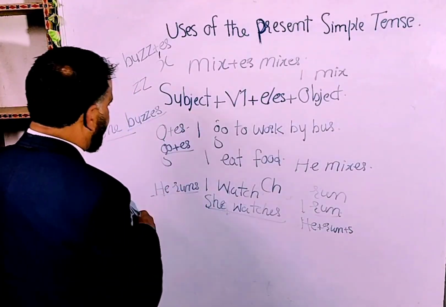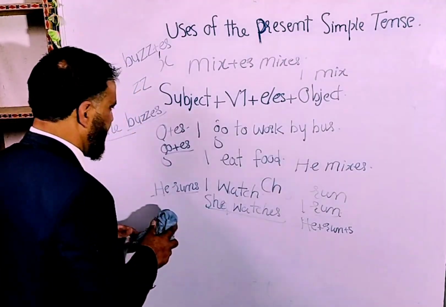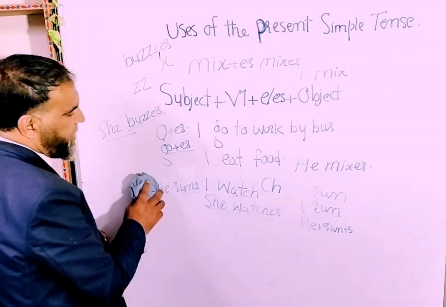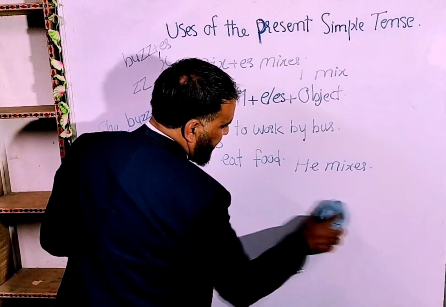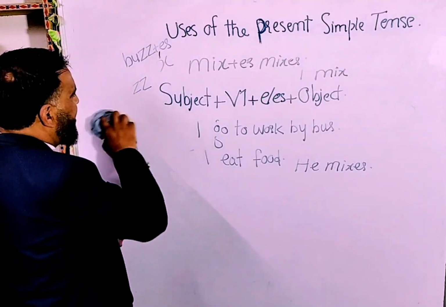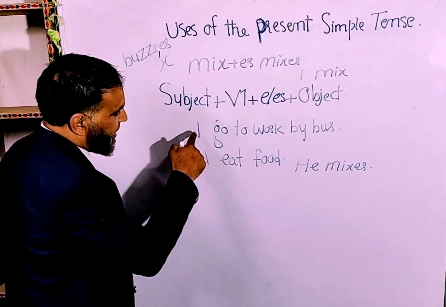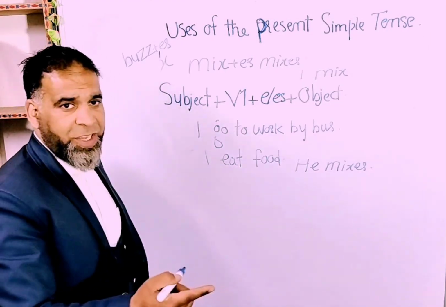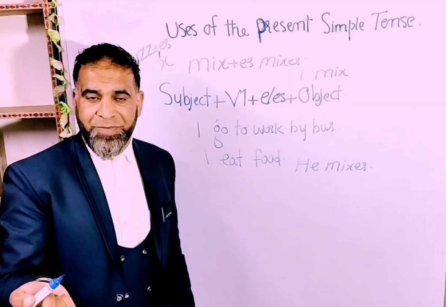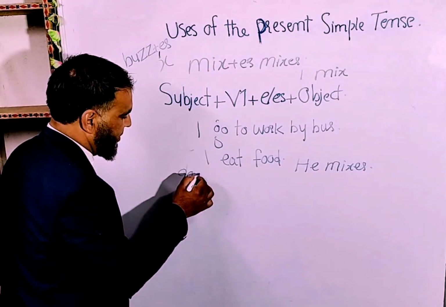So this structure is only for affirmative sentences. To make a negative sentence, we simply use do not with I, we, you, they.